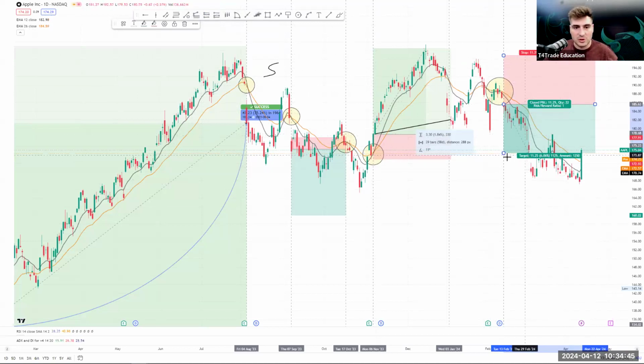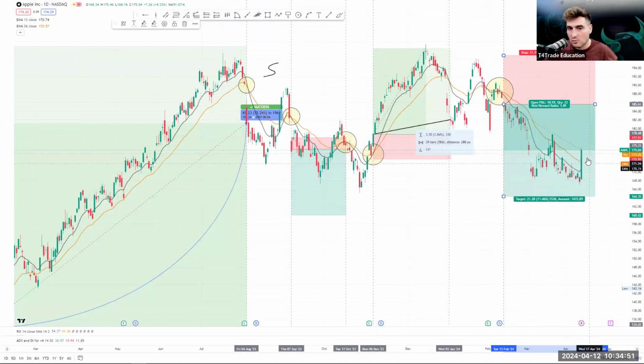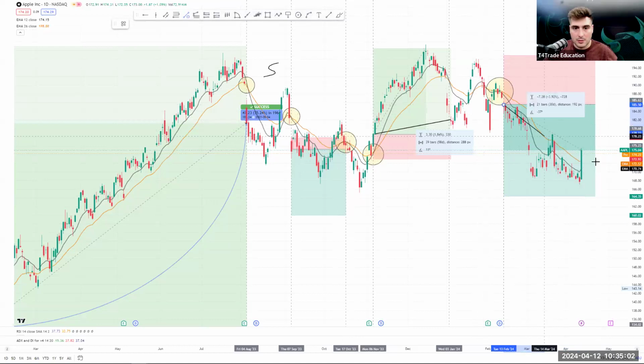The next area that I would be looking for to exit is when the next crossover occurs. It did not occur so far, and currently you can see that you are winning, let's just say 5% with this trade.